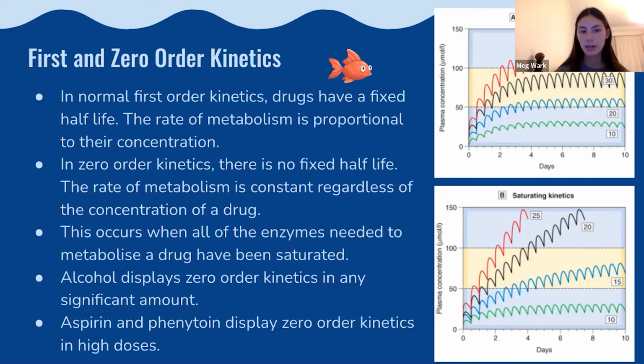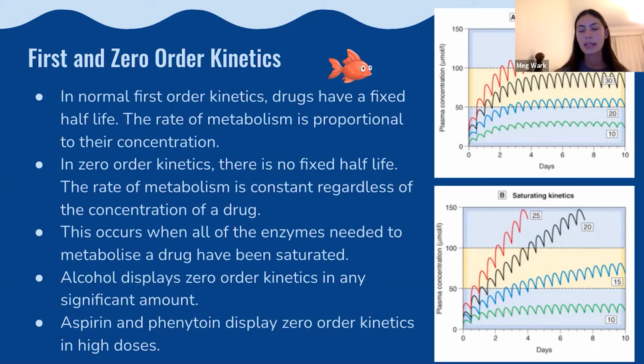The reason that zero order kinetics occurs is that if all of the enzymes needed to metabolize a drug have been saturated, then the body physically can't break it down any faster because there are no more enzymes available. That's why we suddenly see a constant metabolism, because that's essentially the full capacity of the body to metabolize a drug. For example, alcohol displays zero order kinetics in any significant amount.